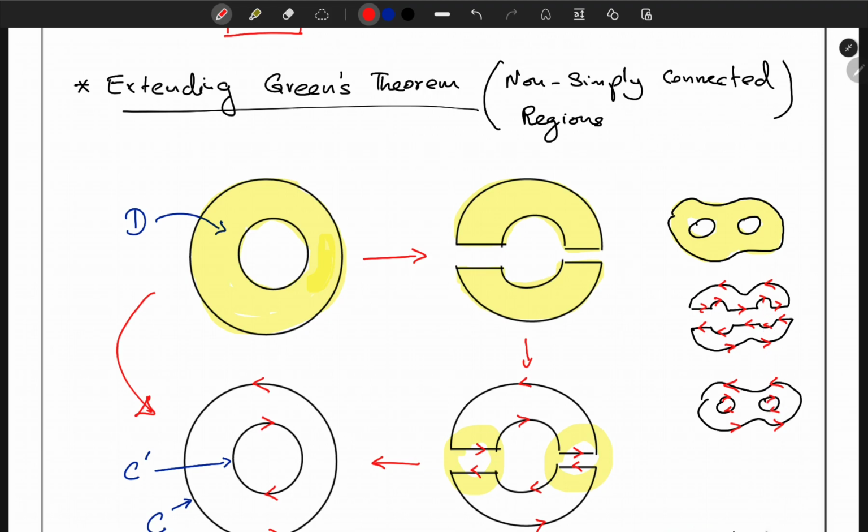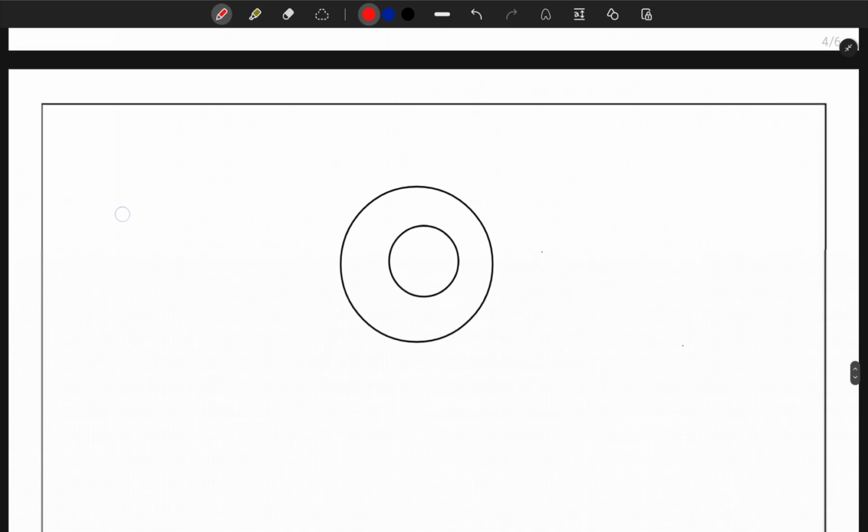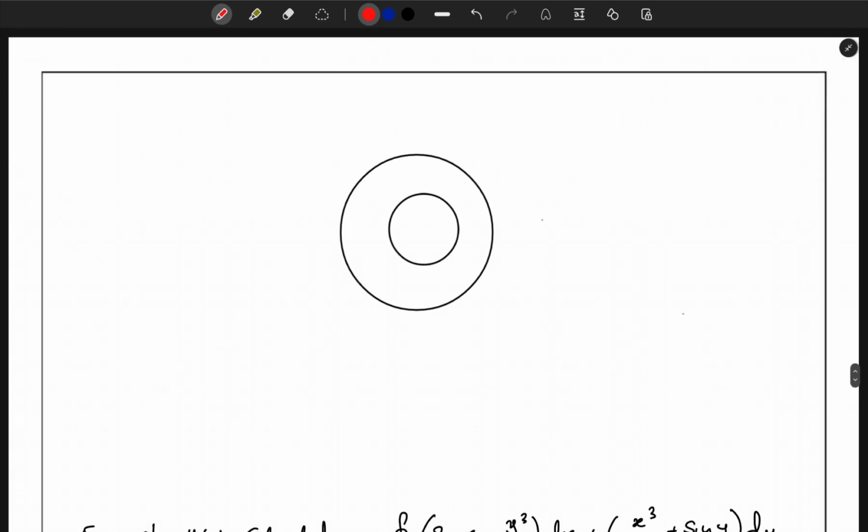So this can be done for non-simply connected regions with any finite number of holes in it. Now you can use Green's theorem to evaluate integrals in these non-simply connected regions.